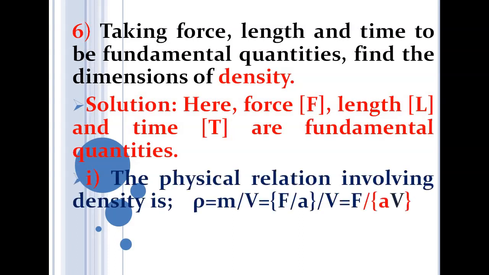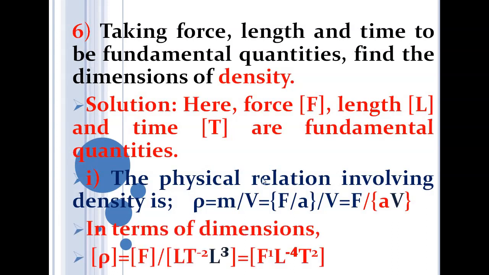Then the physical relation involving the density, the very basic formula, rho equals m by V, and mass is not a base quantity, so converting to force, mass is defined as force by acceleration, and further simplify as F by a V. Then the dimensional formula for rho is, for the force, dimensional formula F, it is mentioned in the question, and a is the acceleration expressed in terms of L and T, because L and T are also base quantities, so we can write LT^-2, and volume as the base quantity L, so we can write L cube for the volume.